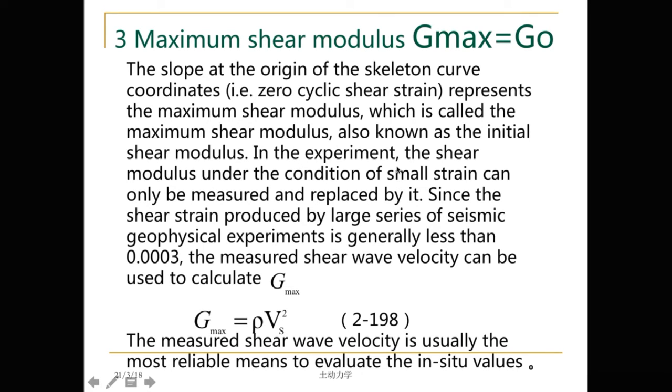In the experiment, the shear modulus under the condition of small strain can only be measured and replaced by it. Since the shear strain produced by large-scale seismic geophysical experiments is generally less than 0.0003, the measured shear wave velocity can be used to calculate Gmax.